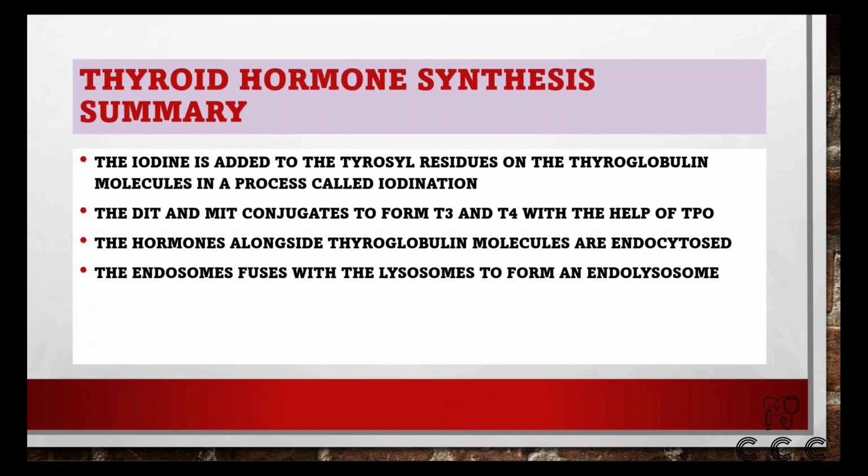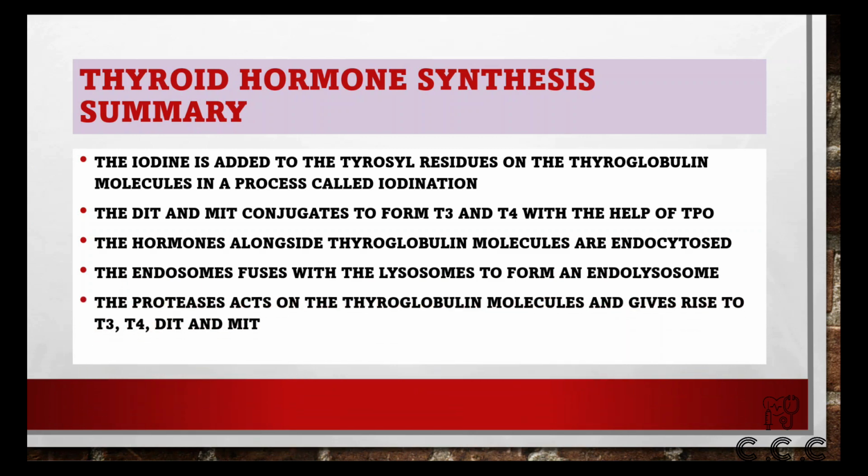Next, the endosomes fuse with the lysosomes to form an endolysosome. Proteases, which are mostly lysosomal enzymes, act on the thyroglobulin molecules and give rise to T3, T4, DIT, and MIT. We finally have our active form of thyroid hormones.